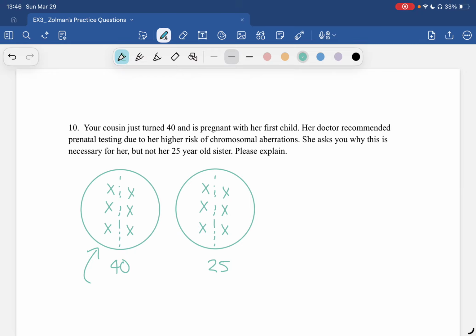So the cousin, who's 40 years old, is older than the 25-year-old sister. This just means that her eggs are older and have a higher chance of error occurring just because of time. Again, more time equals more likelihood of some kind of chromosomal aberration.